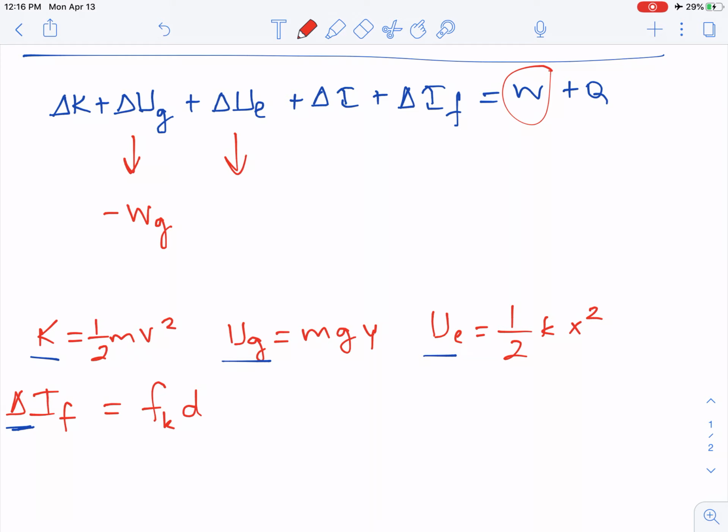Okay, and the elastic potential energy change, there is one if there's a compress or stretch in the spring, and that is related to the work done by the spring force. So we use S here, spring force, that's related to the elastic potential energy. And again, there's a negative sign here, because if you put it on the right side, it becomes positive.